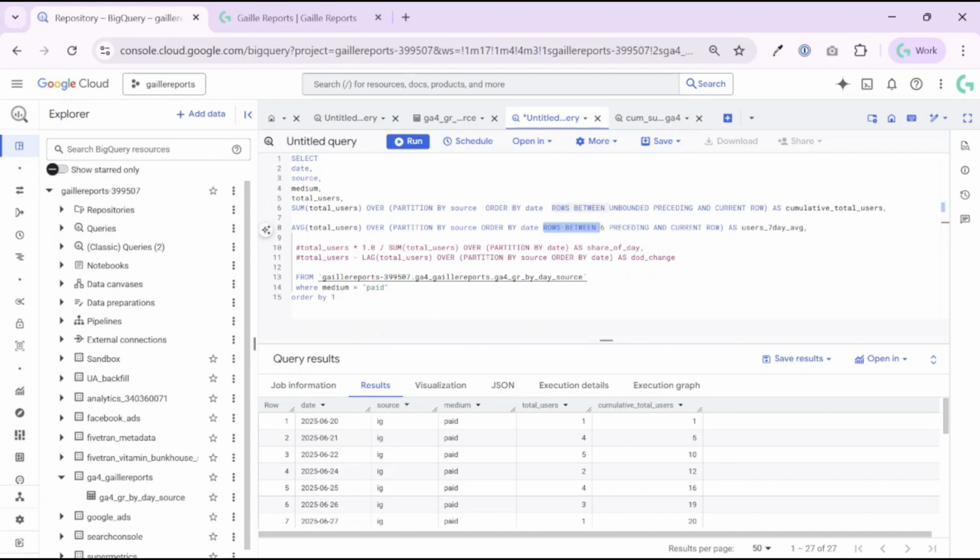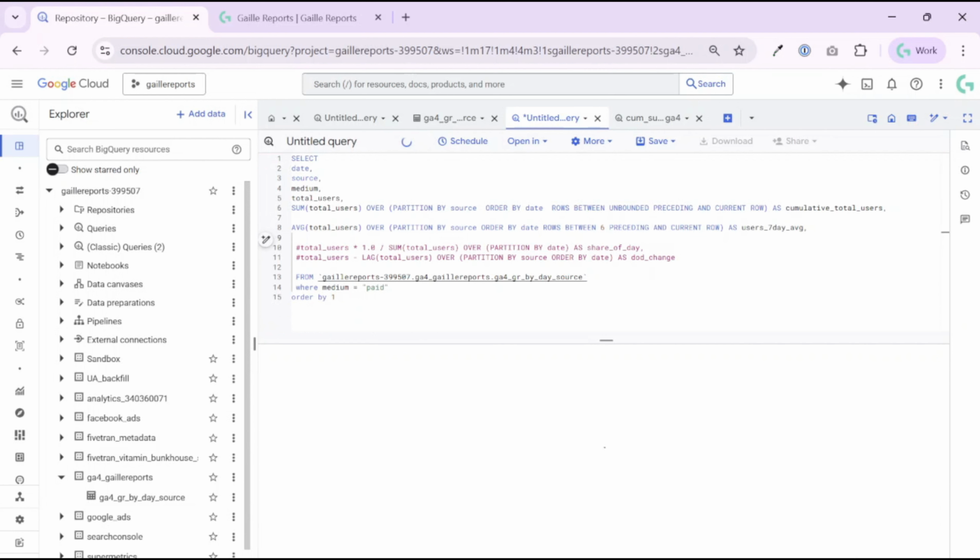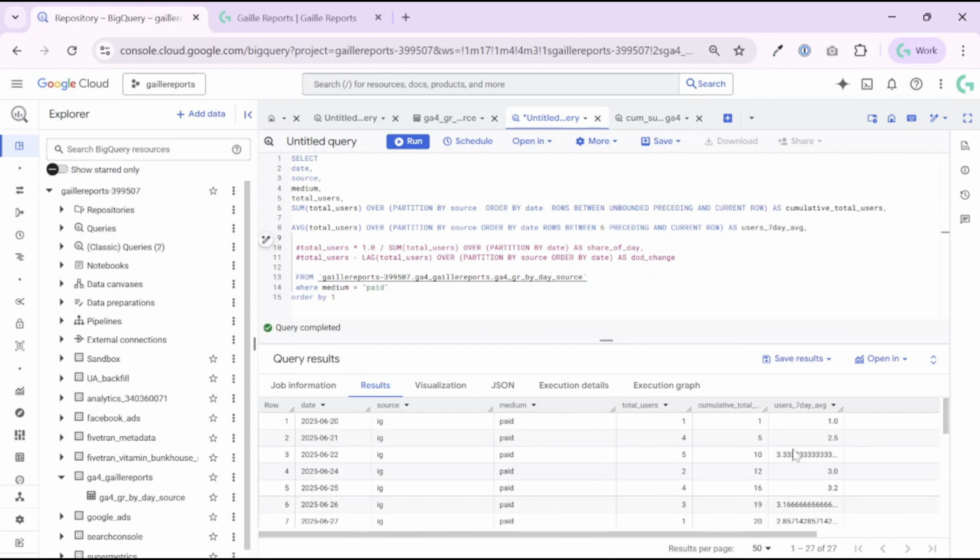Then we take rows between 6 preceding and current row. So we take 6 rows before and we try to find the average users, and it will be our average for the last 7 days. So we can run the script and see what we have.